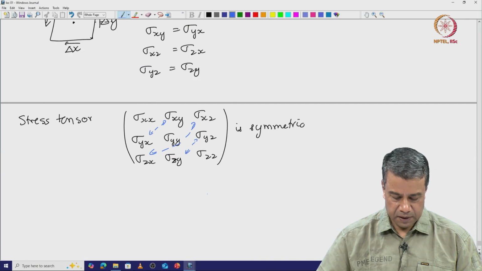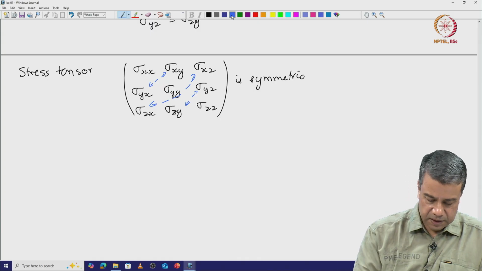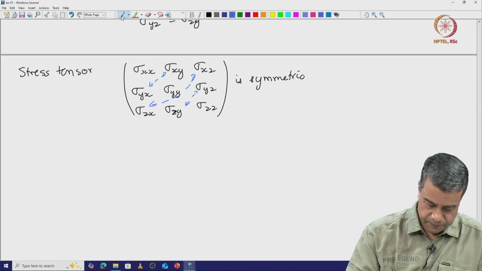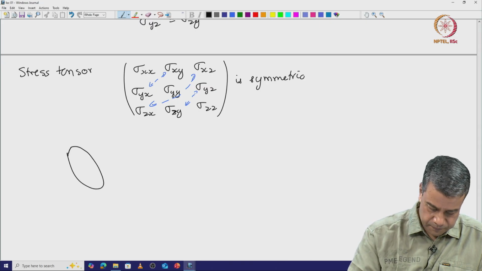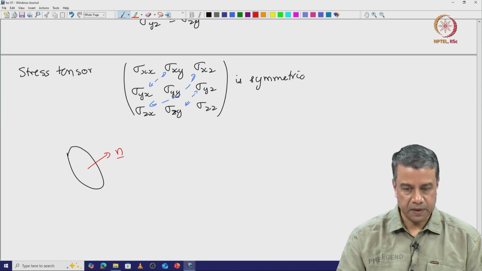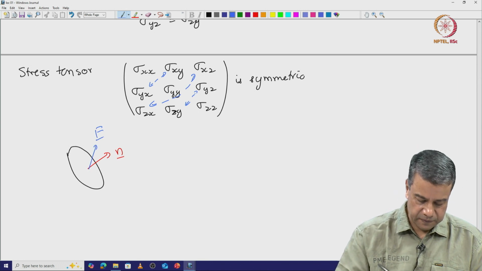And if you recall, I had also defined at the surface the normal force and the tangential force. So, if you have a surface within the fluid with outward unit normal given by n, and the force, as I said, is in some direction f.